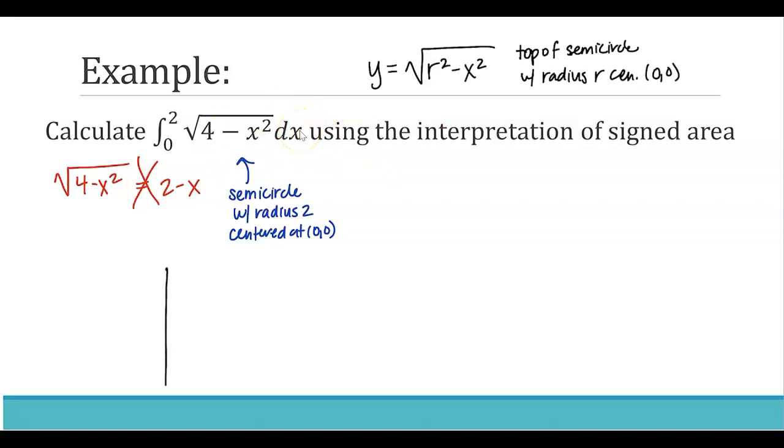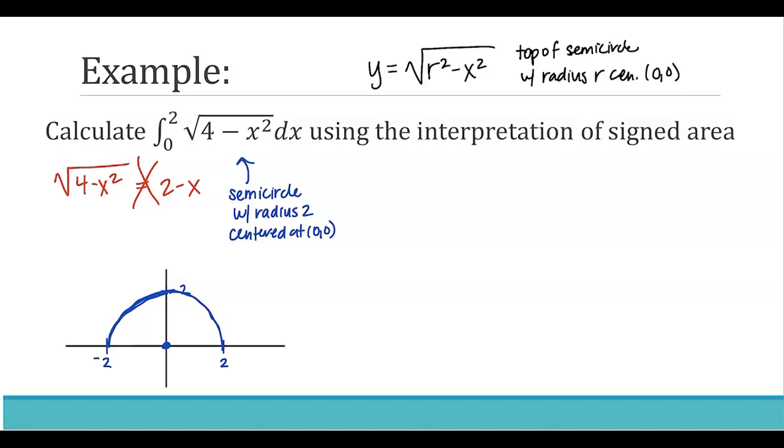We can go ahead and graph it. So it's the top of a semicircle with the center of the circle at the origin, and the radius is 2. So that means all around I have that radius of 2. I'm going to do my best to make it look like a semicircle.